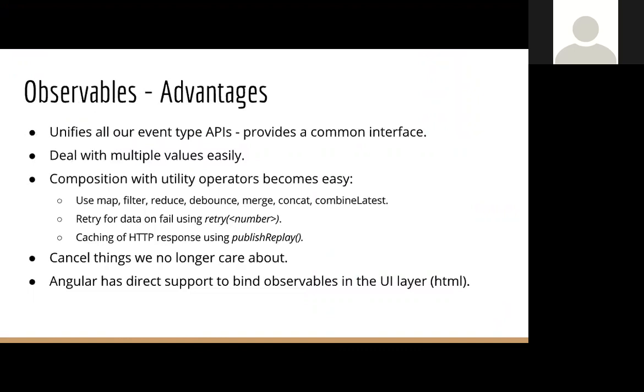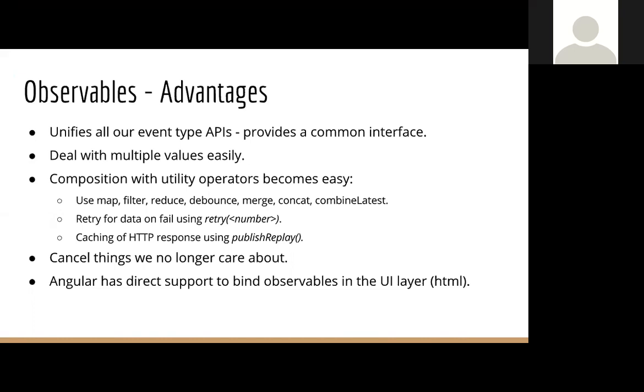Providing a common interface means you don't have to do add event listener, remove event listener. You don't have to do all those for any event coming from the DOM API, or even for WebSockets; you don't have to listen to specific events.